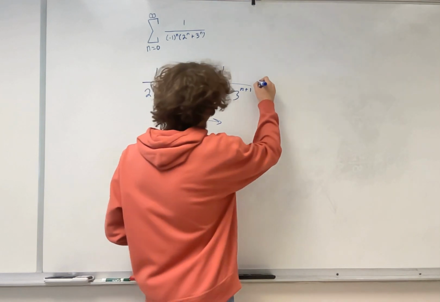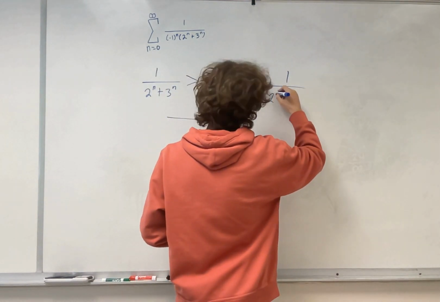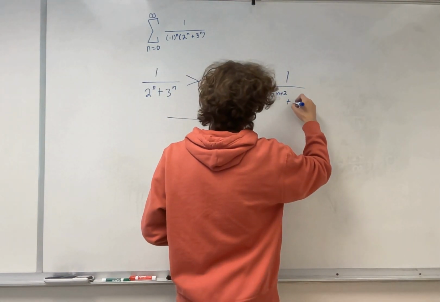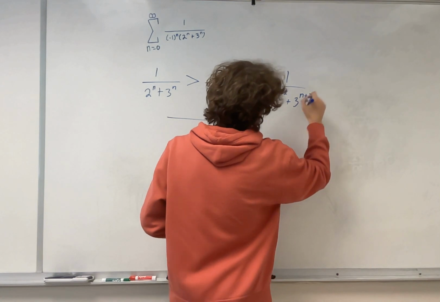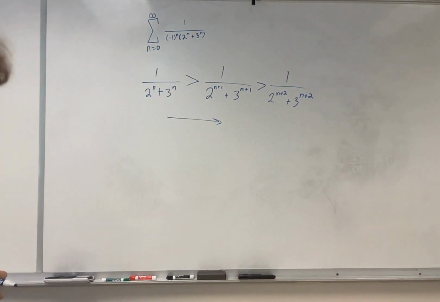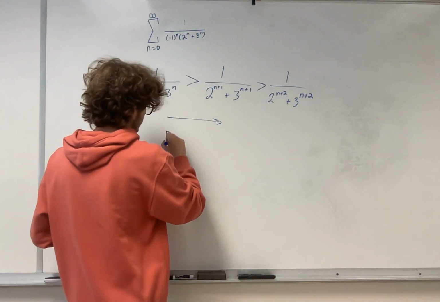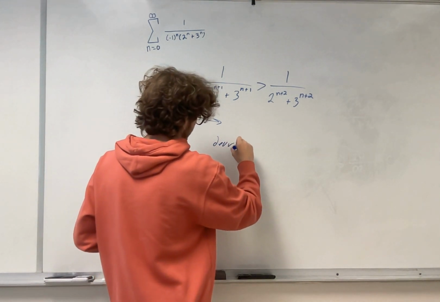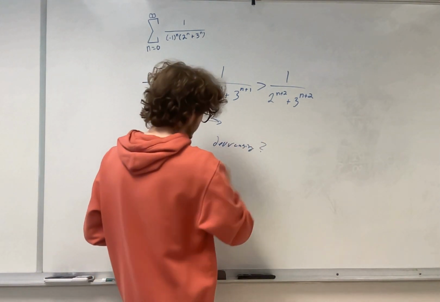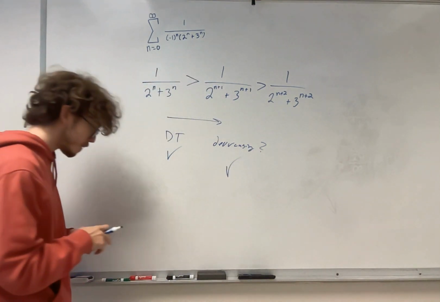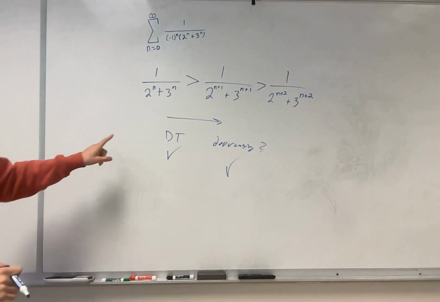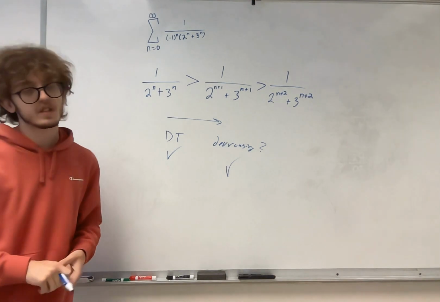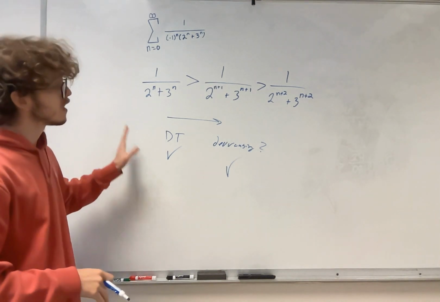You'd say even this is true: 1 over 2^(n+2) plus 3^(n+2), okay? So we passed both tests. Divergence test, we passed. All right, decreasing test. Is it decreasing? You'd say yes. So we passed both tests, and therefore it is a convergent series, right? We can say for certainty convergent.